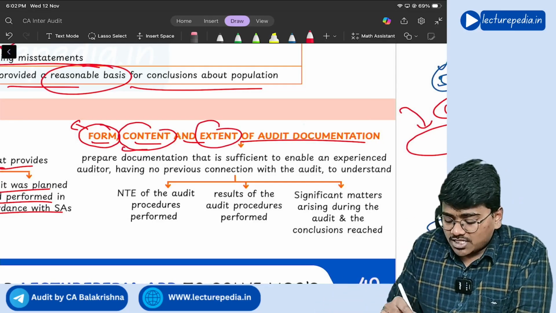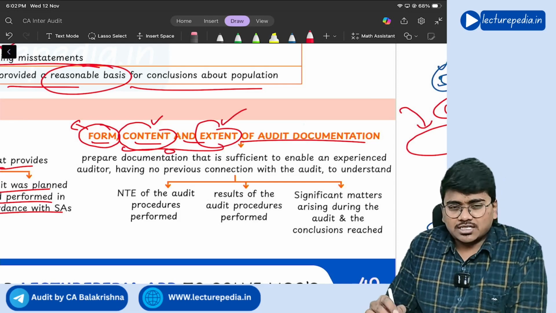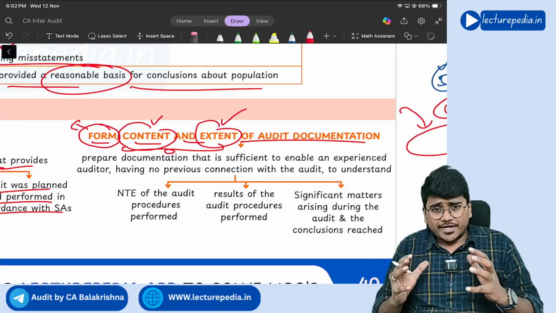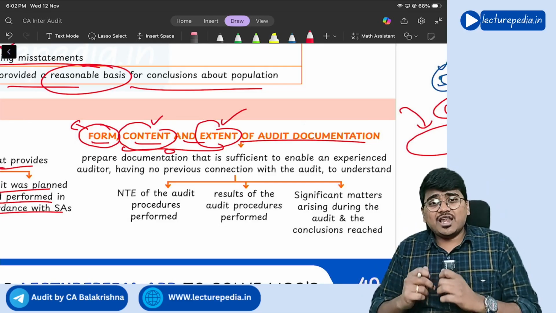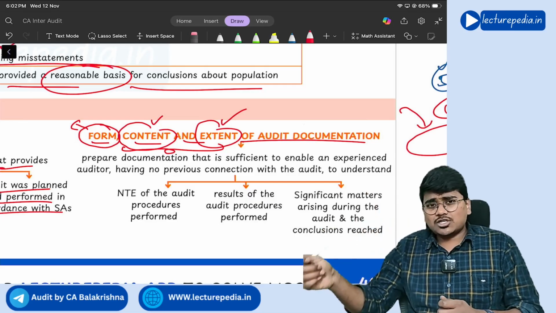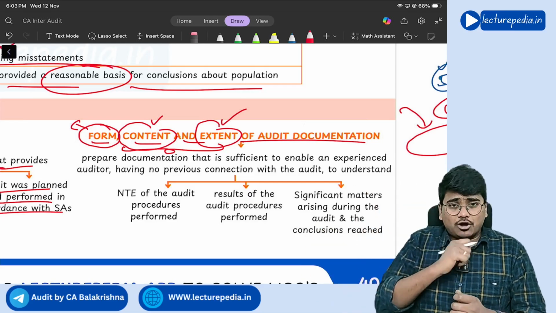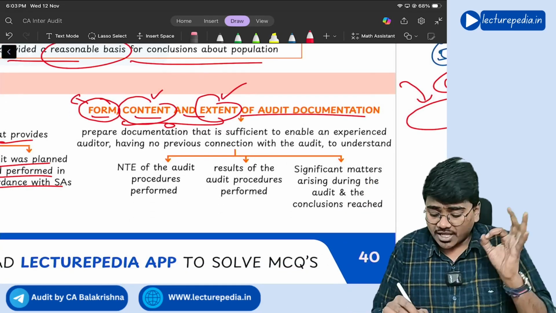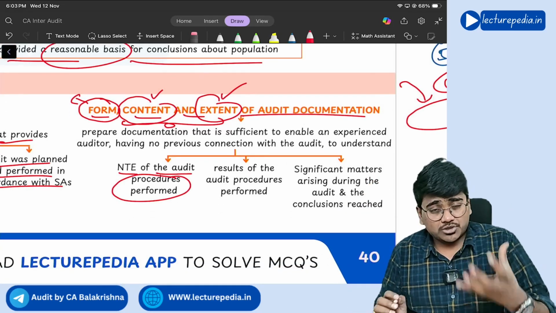With respect to these two things, content and extent, you have to maintain that much audit documentation which will enable an experienced auditor who is not associated with your audit to understand the following three things. What are they? Nature, timing, extent of audit procedures performed.